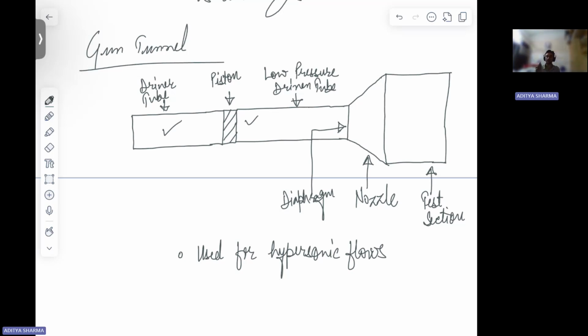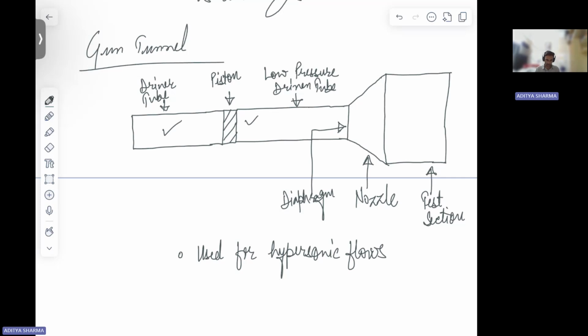Yes. From here starts the meaningful duration for our testing, right? So this burst will lead flow to the test section, right?